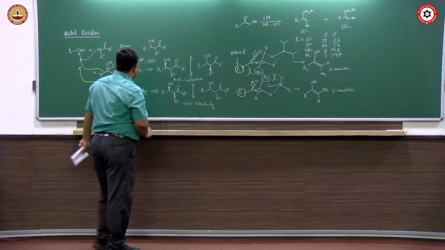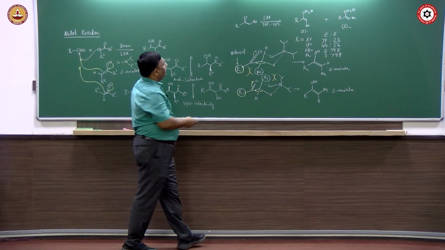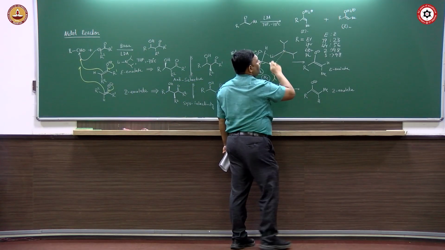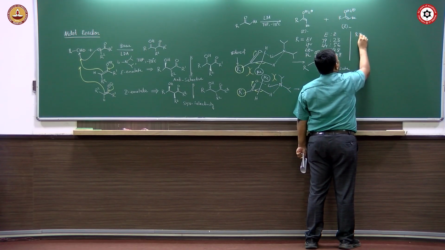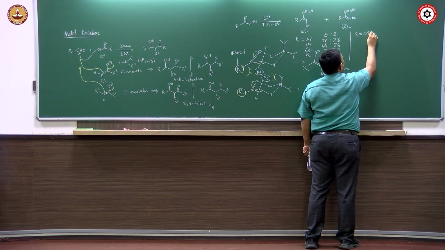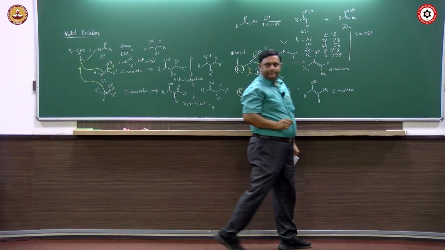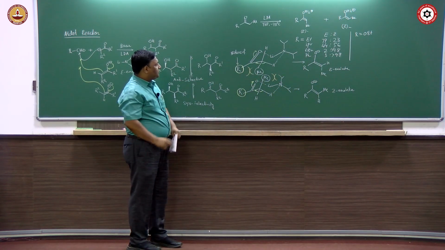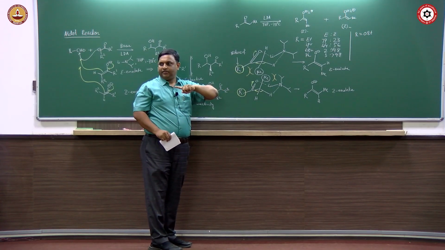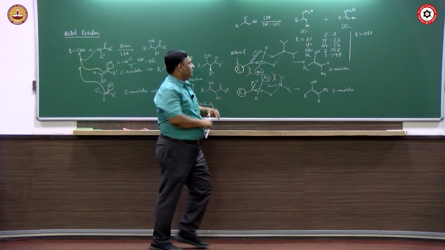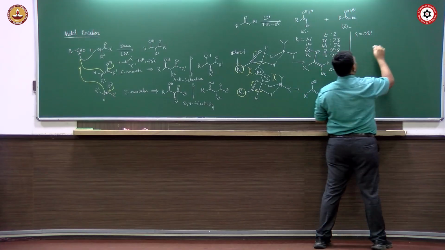Now, let me think about this R. Now, imagine that R is equal to an ester group, let us say OEt. That means I am doing the reaction now with an enolate of an ester, correct? Enolate of ester. So, exactly what happened at this position?